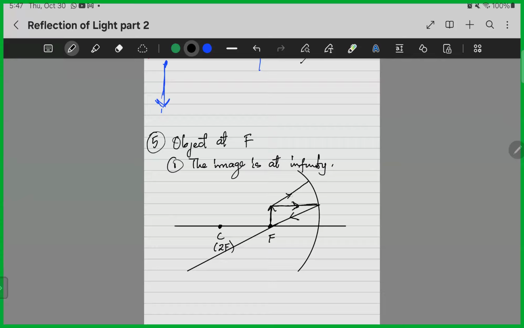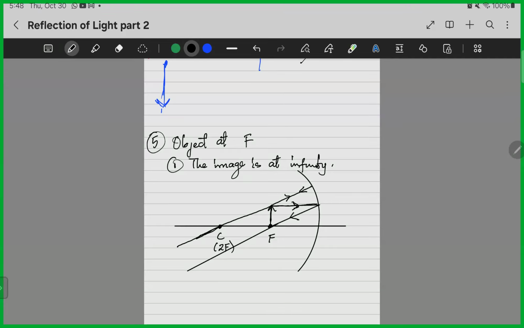And I know that once it goes up like that, it bounces back and returns such that it passes through the center of curvature.